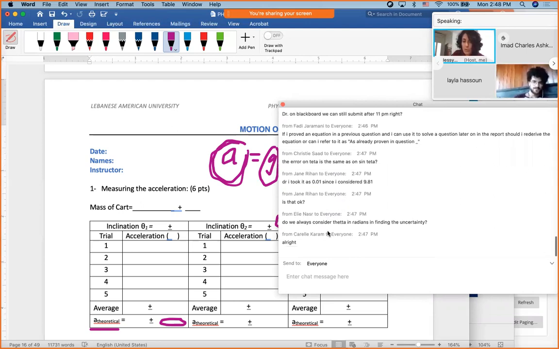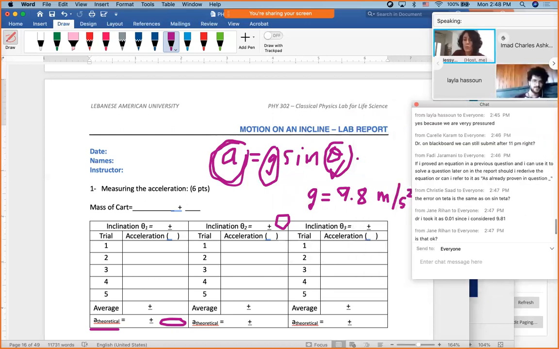Do we always consider theta in radians in finding the uncertainty? So basically, when you say alpha theta, and theta is not under any function like sine, cosine, or tangent, it's alone. Yes, do not use degrees, always use radians, not only in uncertainties. Let's say you want to find the area of a certain part of a circle, of a disk, like your pizza slice.